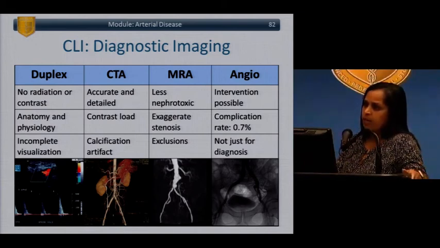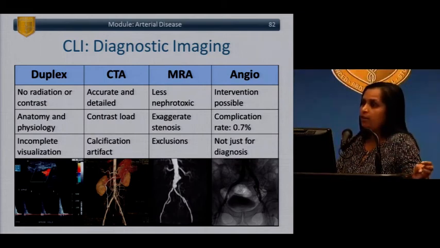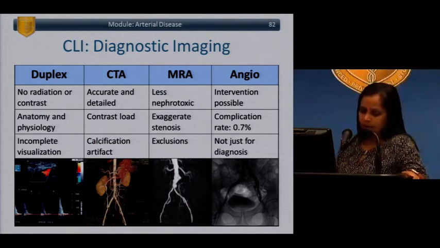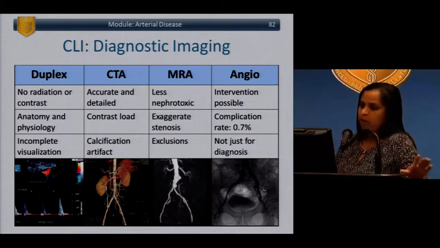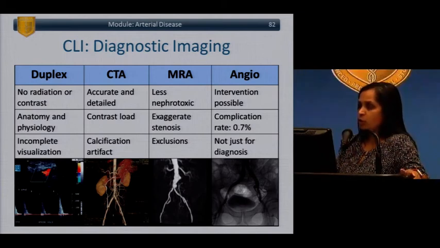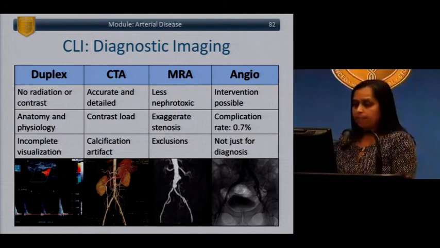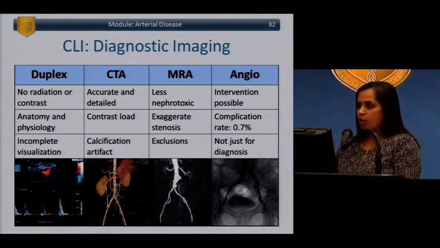CTA versus MRA is often an institution-dependent decision, depending on what kind of technology and software you have available at your institution. In general, intra-arterial angiography we now reserve for situations where you are planning to do some sort of intervention. You do not want to do a formal angiogram for the purposes of diagnosis alone.